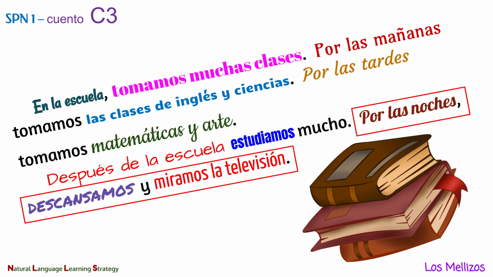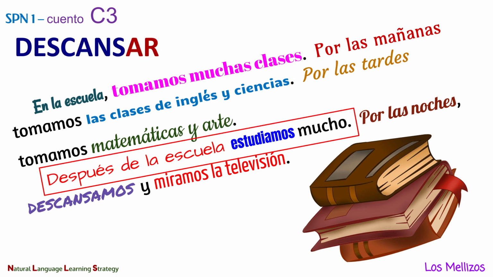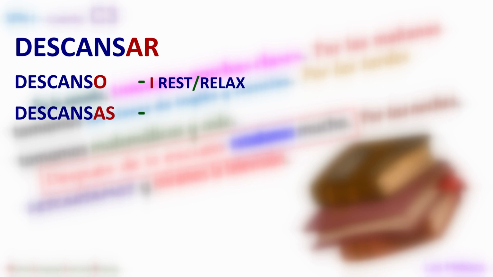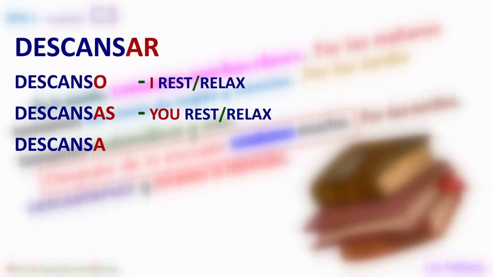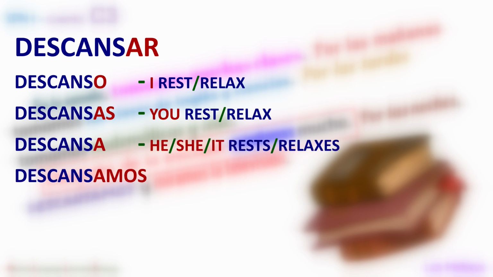Por las noches is, of course, in the evenings or at night. Descansamos comes from the verb descansar and means to relax or to rest. The forms are descanso, I rest, I relax. Descansas, you rest, you relax. Descansa, he, she, or it rests, he, she, or it relaxes.